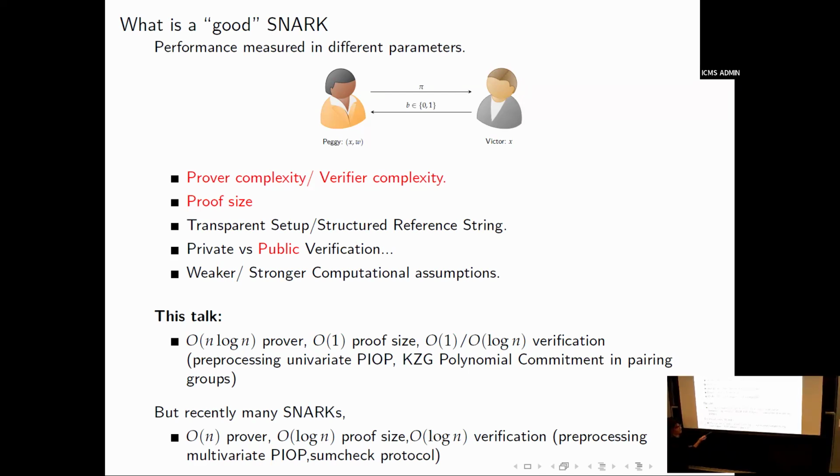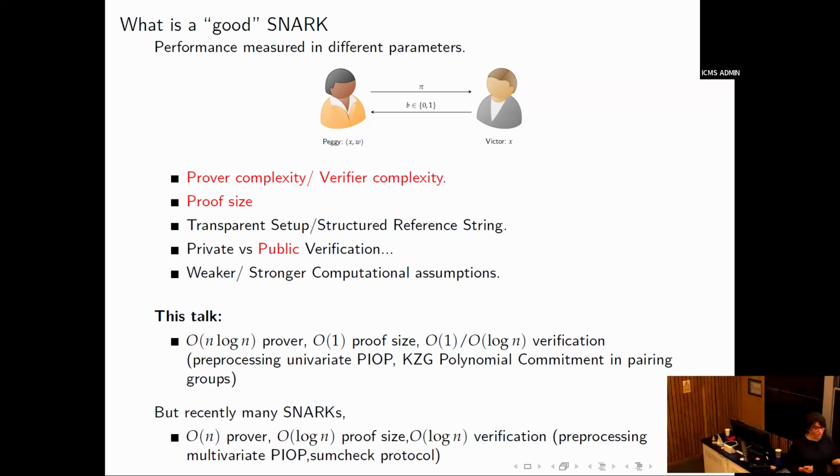But recently you have to know there's, as I said, a lot of effort in improving the prover. So there's a lot of interest in provers that are linear. People call these time optimal provers in some sense, because you cannot really do better than linear in the size of the computation.